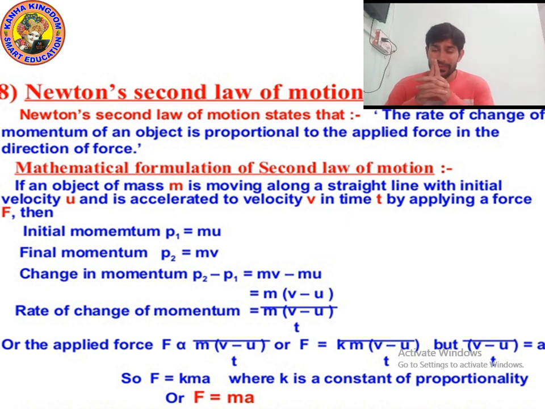If a body is at rest, then its velocity will be 0, so its momentum is also 0. The SI unit of momentum is kilogram meter per second. When the mass increases, momentum also increases, and when the velocity increases, momentum increases too.